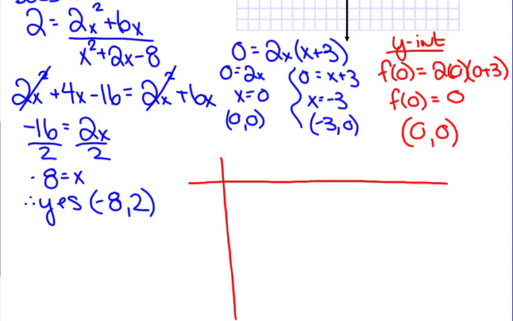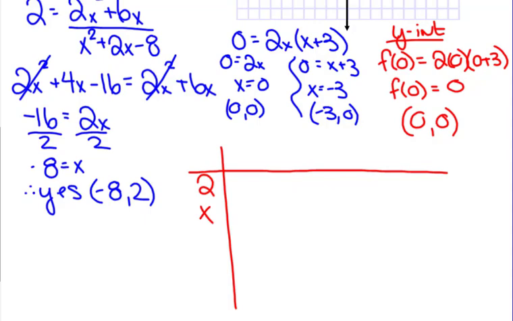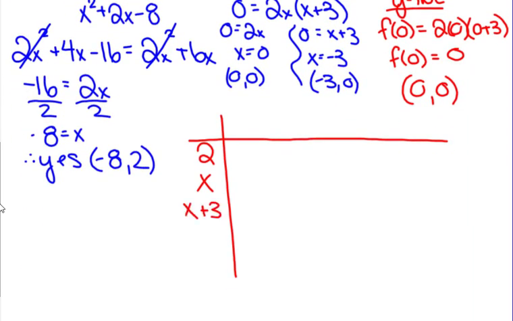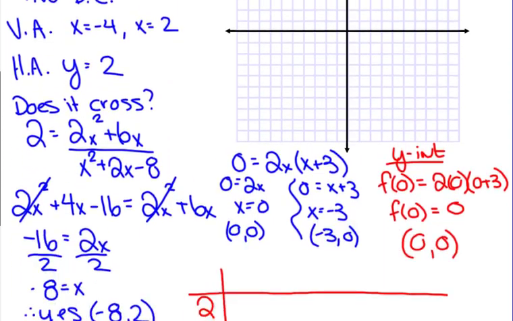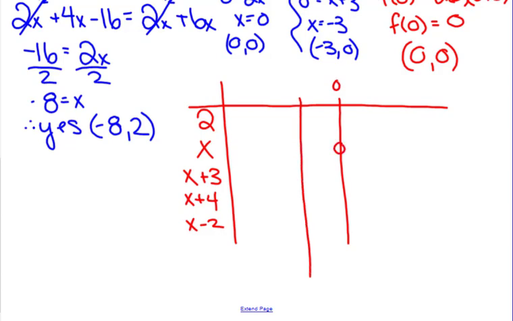And then last but not least, we are going to do a sign analysis with our whole function. So we are going to have 2 is a factor, x is a factor, x + 3 is a factor, x + 4, x - 2. So within here, well, we go to 0 at 0. We've got -3, we've got -4, and we've got 2.